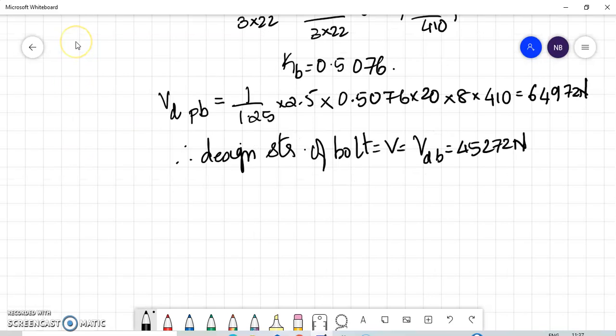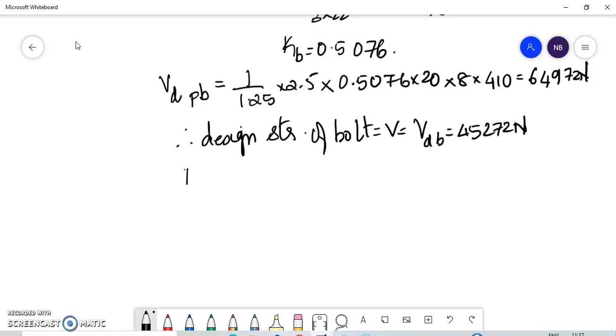Now, there is a moment because of this eccentricity, and that is calculated as P into E. So the eccentricity value is 350.